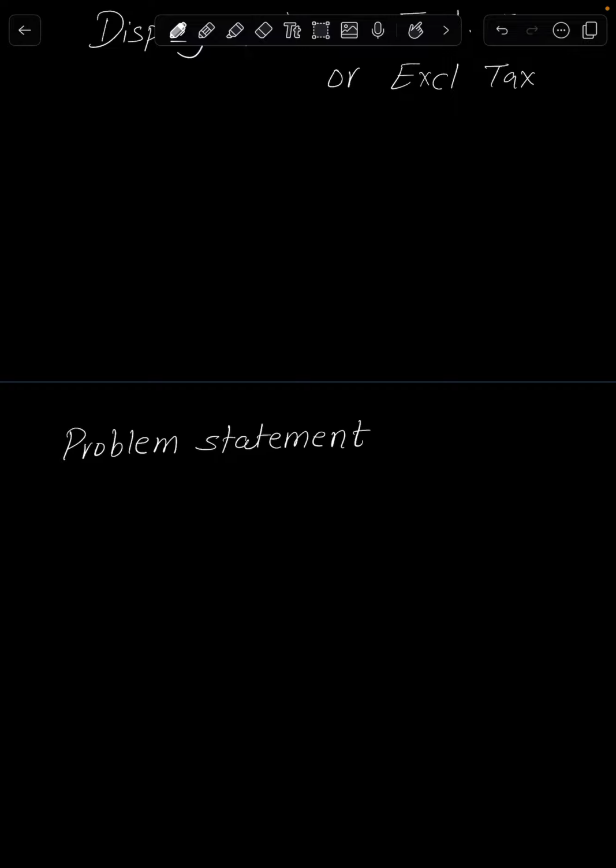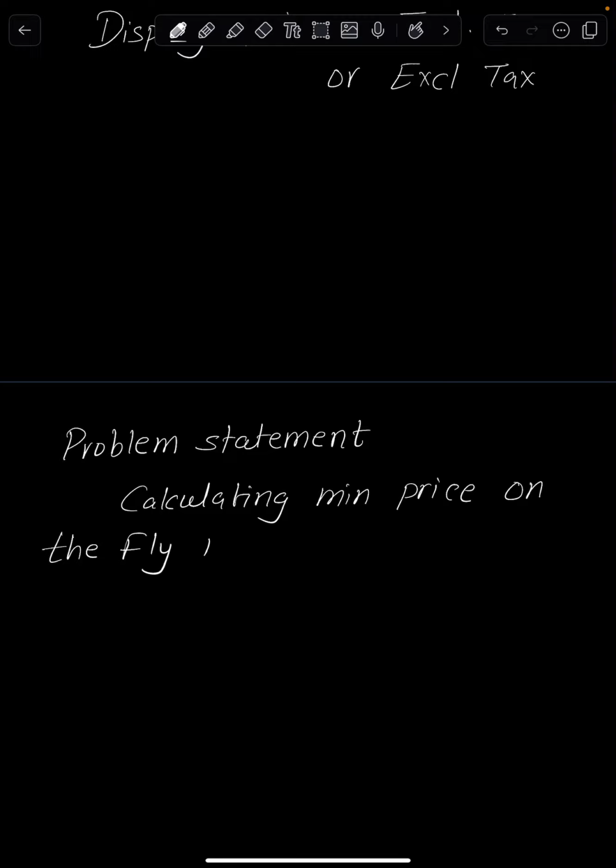It is: calculating minimum price on the fly, or when the page is being rendered, is costly, and costly refers to performance.